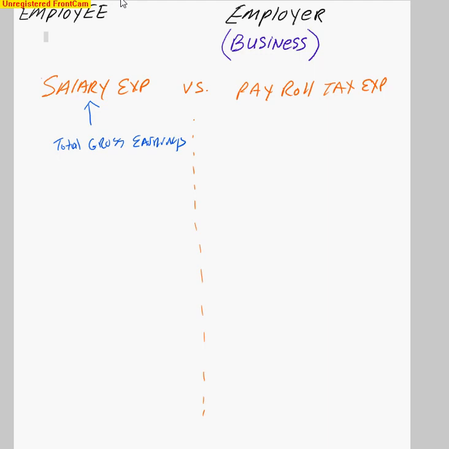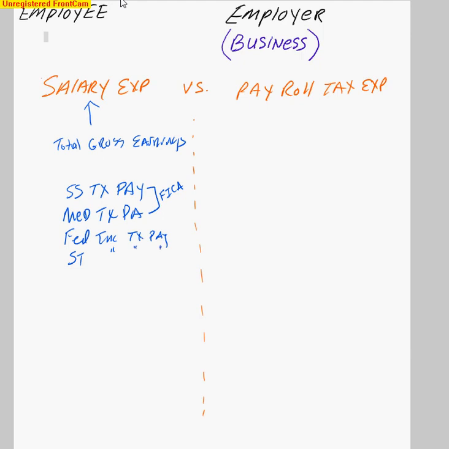Salary expense is going to be made up of the Social Security tax payable, the Medicare tax payable, and we know what these two together are called: FICA. And then we absolutely do have federal income tax payable. We have a state income tax payable.